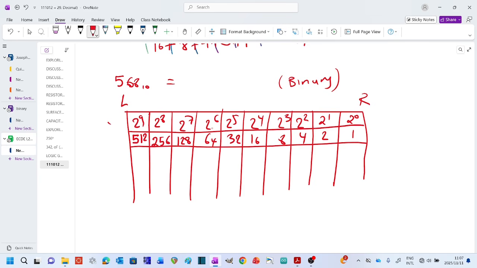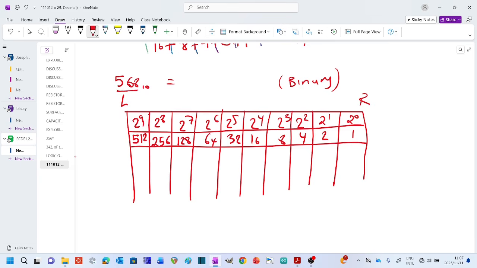If we go to 2 to the power 10, it's going to give us 1024, if I'm not mistaken. And you can see it's already bigger than the number we want to convert, which is 568. So we cannot go to 2 to the power 10. We have to stop at 2 to the power 9, which is 512. 512 is smaller and closer to 568.